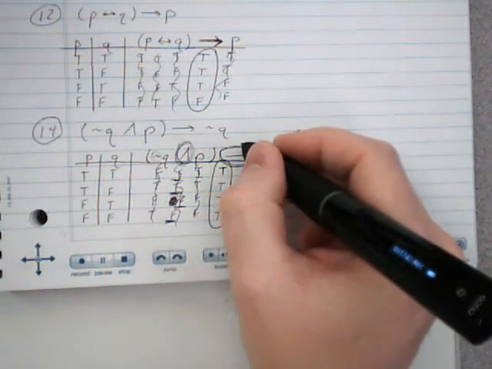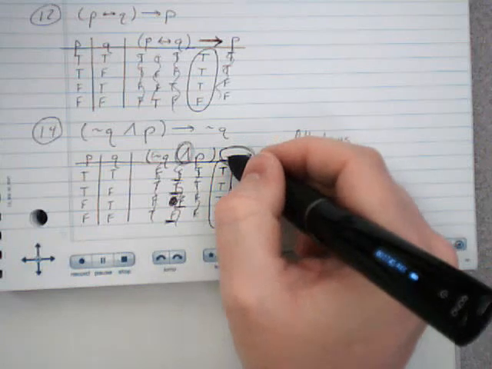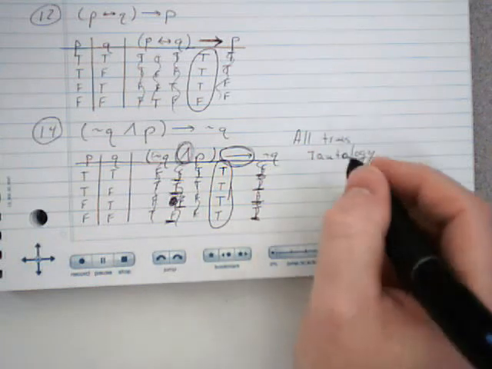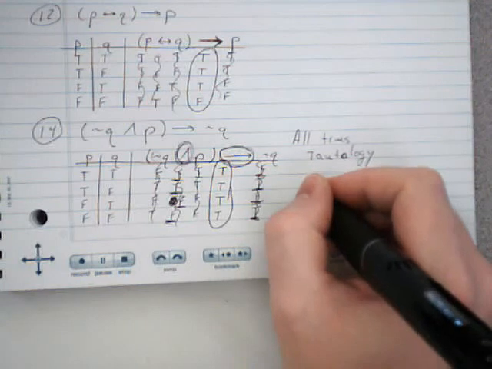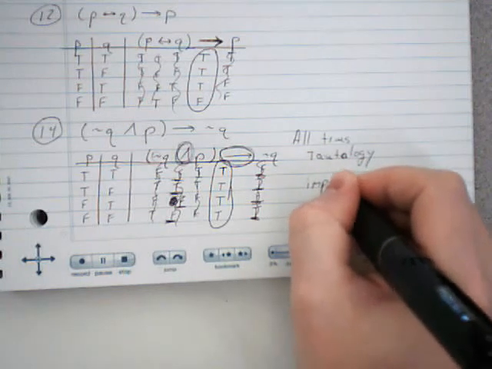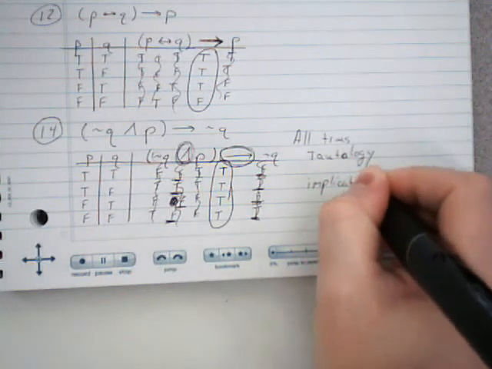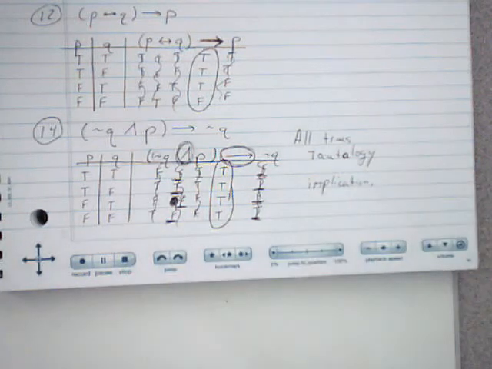So these arrows are called conditionals. This one-way arrow is called a conditional. So not only is it a tautology, but it's also an implication. More precisely, it's called an implication. There are some questions that actually ask you which one they are here in a little bit. You need to know that.